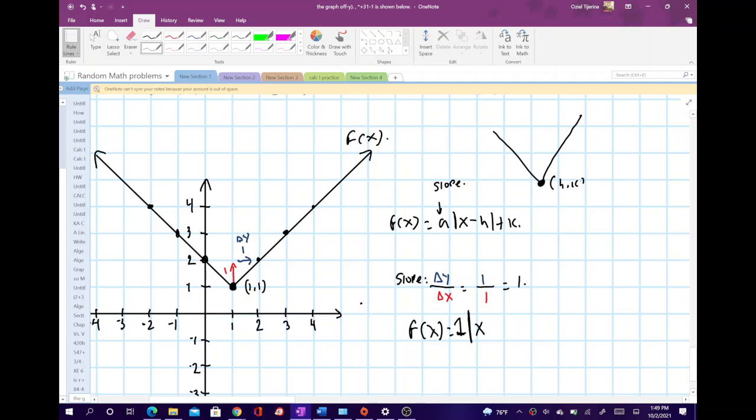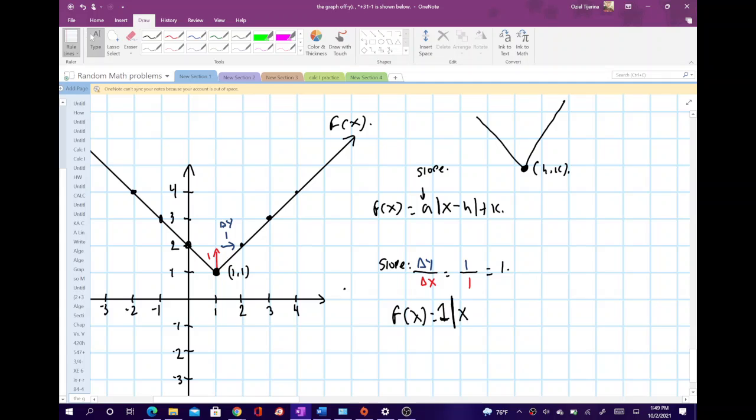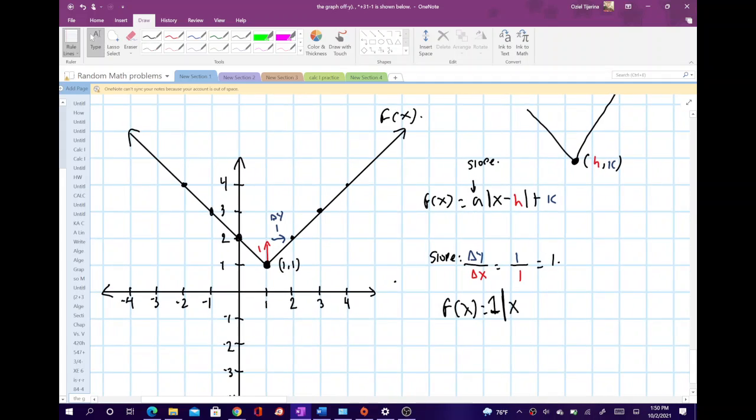This is h, k, right? If I color code this, I can say that this is h, and then we have plus, let me rewrite that really quick, h, and then we have plus k. So we know that can be defined here as h comma k. Here, the vertex is 1 comma 1.